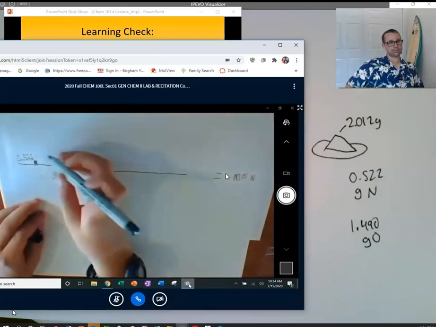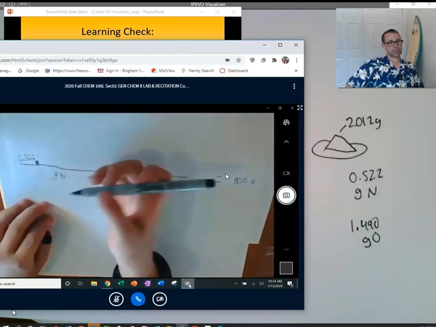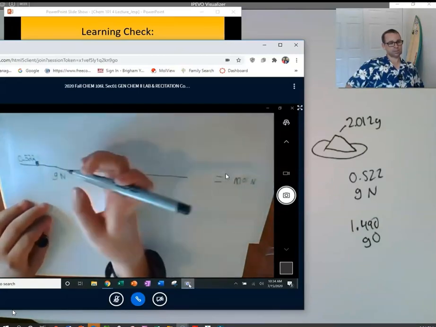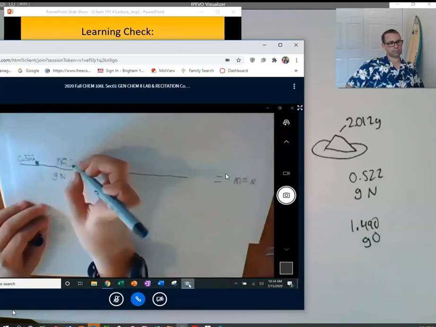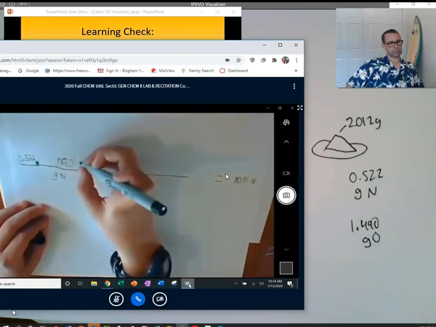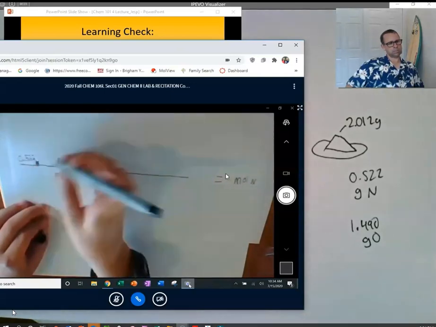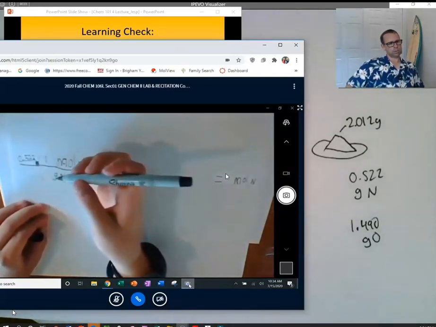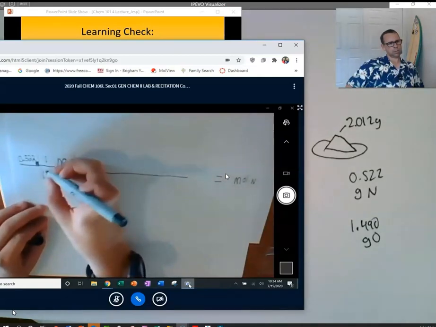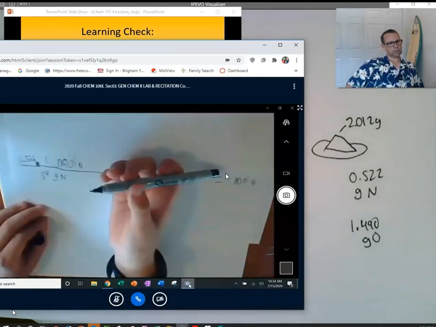How do we get to moles of nitrogen? Yeah. We use the periodic table, right? 14 moles of nitrogen on top. What's the relationship for grams of nitrogen to every mole? 1 mole is 14 grams. Very good.